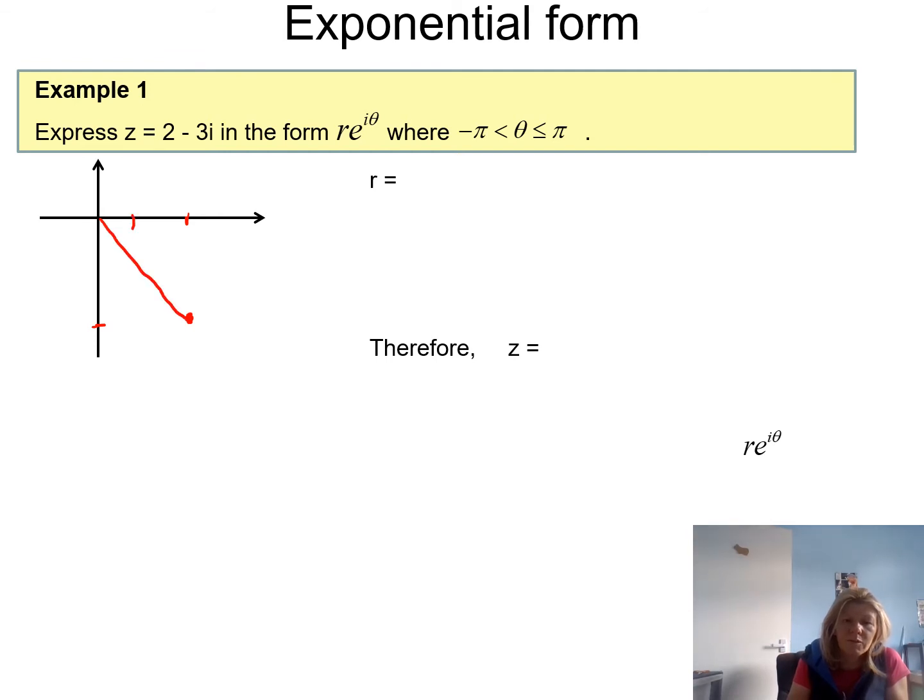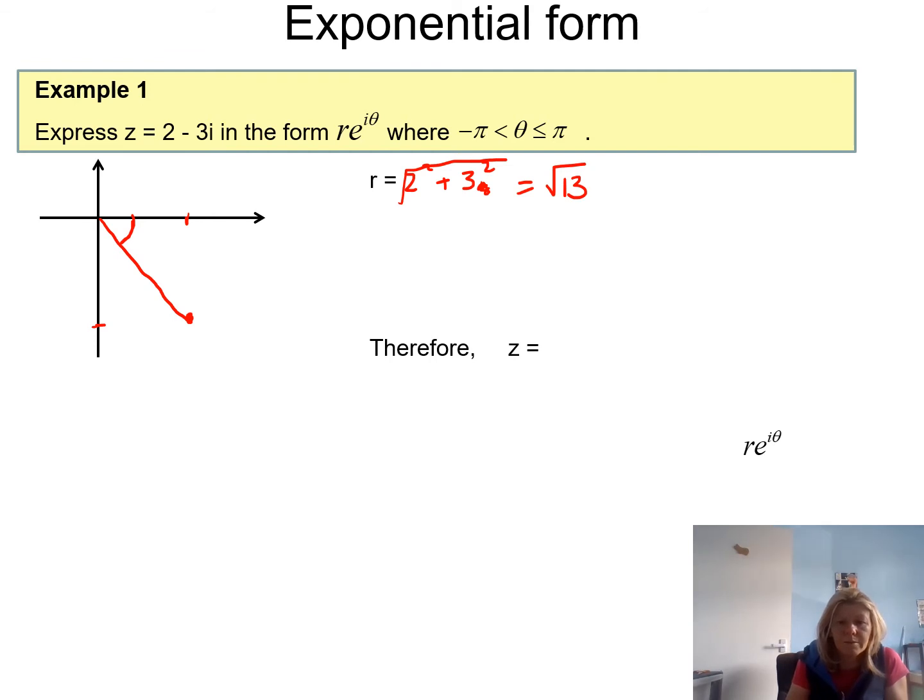So the angle it makes with the positive x-axis is that. That's our theta, and the r is the length of that, which is done by a bit of Pythagoras, isn't it? So that's 2 squared plus 3 squared, and then root. So that's 4 plus 9, 13, root 13.